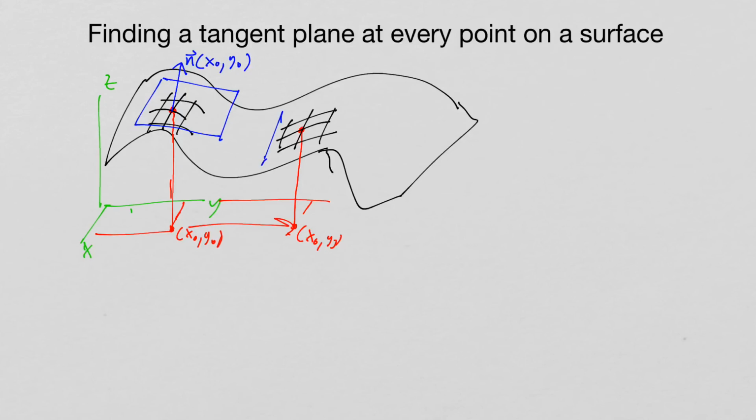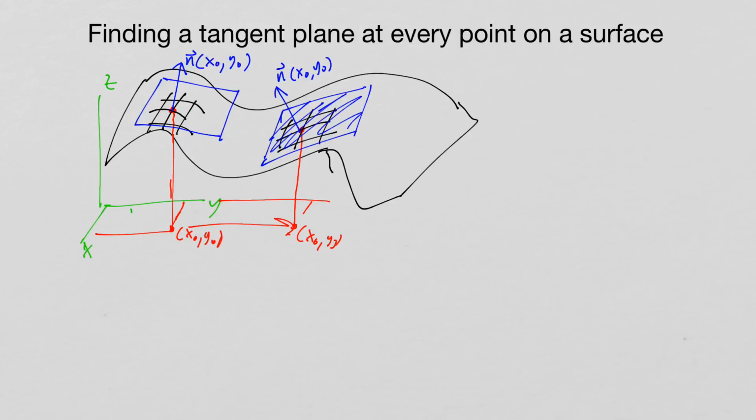Of course, there'd be a new tangent plane right there, and the normal vector would be pointing in a slightly different direction. You can think of this like a snowboard going over a surface of snow, and the board itself is going to rock and roll and adapt to whatever surface it's on. So we want to find out how to get this.